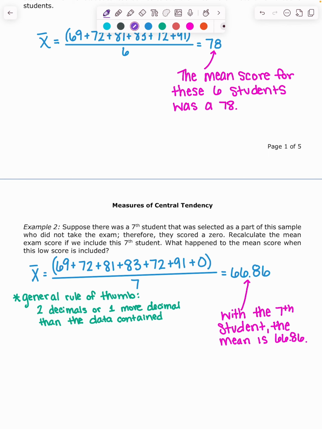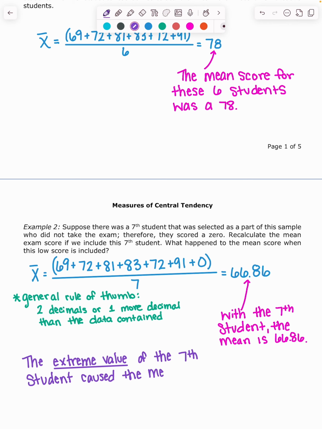Well, what happened is the extreme value of the 7th student caused the mean to get pulled down quite a bit lower.